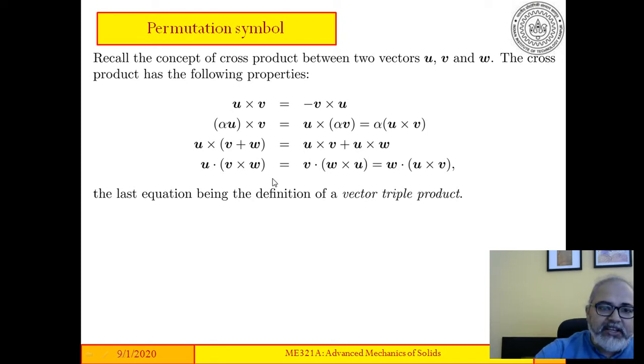So basically you have to rotate these three vectors in a clockwise fashion in order to get the different, equal results from a vector triple product of three vectors. This is all we know about the cross product.